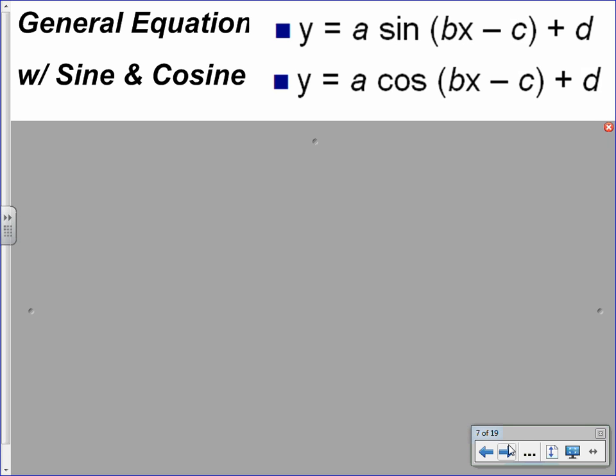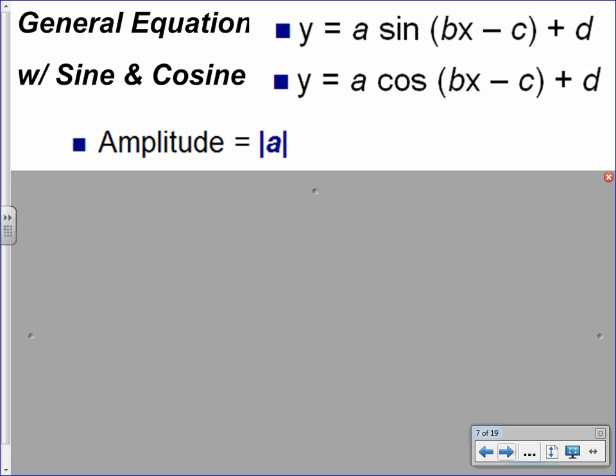So first of all, a, what does a do to any function? A number multiplied outside is going to stretch or shrink vertically. If it's outside, it's going to be vertical. So a is going to affect our vertical stretch or shrink. What do you think specifically with a sine or cosine graph that's going to affect? The amplitude. A is the amplitude.